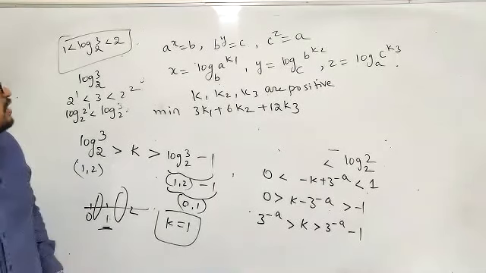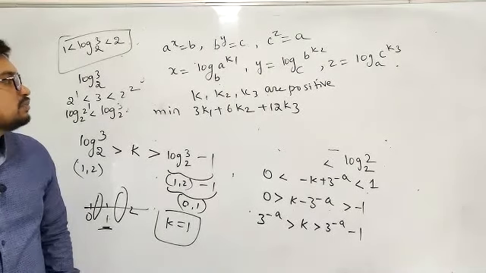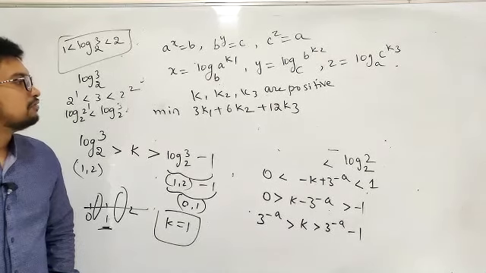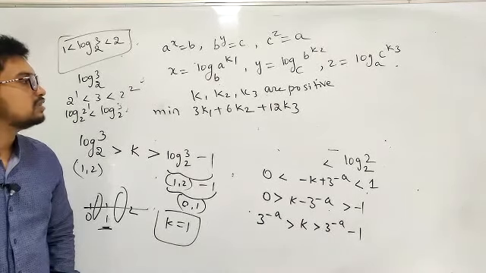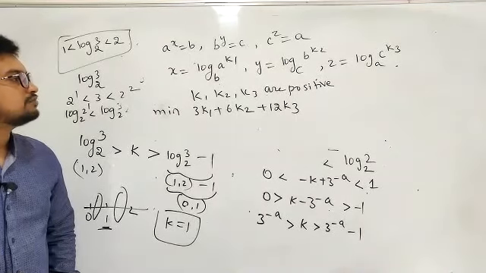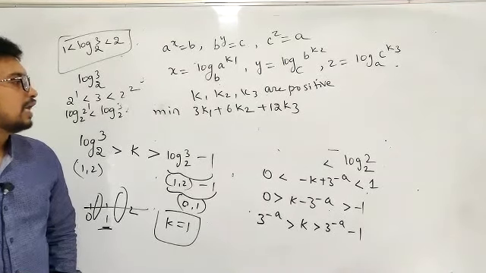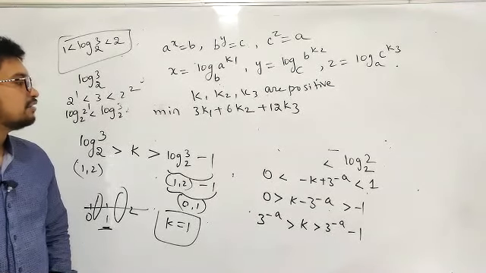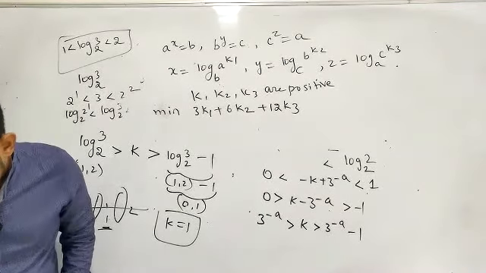If a power x is equal to b, b power y is equal to c, and c power z is equal to a, and x is equal to log of a power k1 to the base b, y is equal to log of b power k2 to the base c, and z is equal to log of c power k3 to the base a. If k1, k2, k3 are positive, then find the minimum value of 3k1 plus 6k2 plus 12k3. Time is 1 minute.